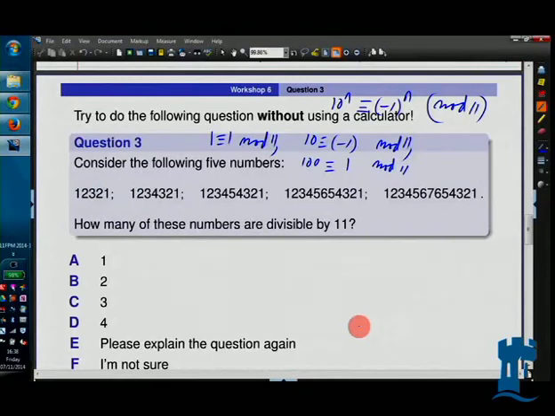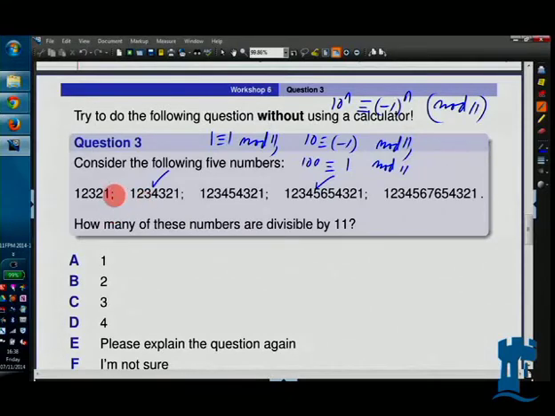Okay, so yes, the ones that are divisible by 11 are these ones. So I said what you have to do is, you see how much are they worth mod 11, and you add them all up mod 11 to figure out how much it's worth, and if you get naught, or something that's divisible by 11, then you're divisible by 11.